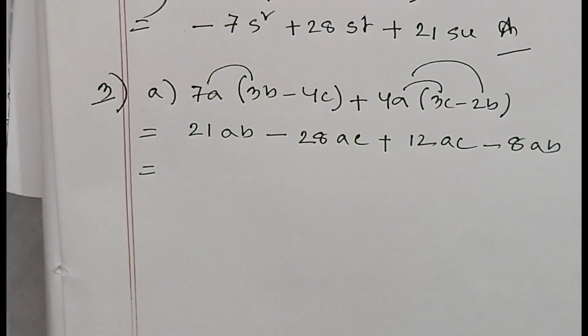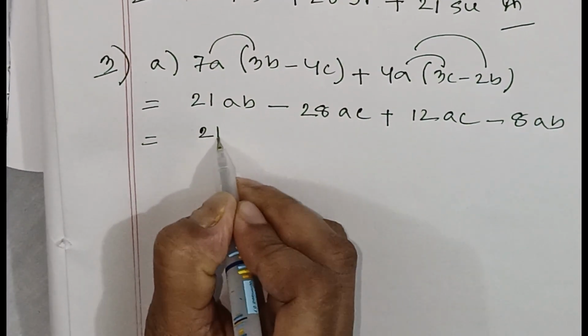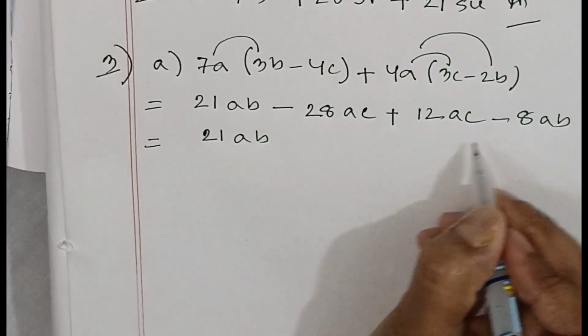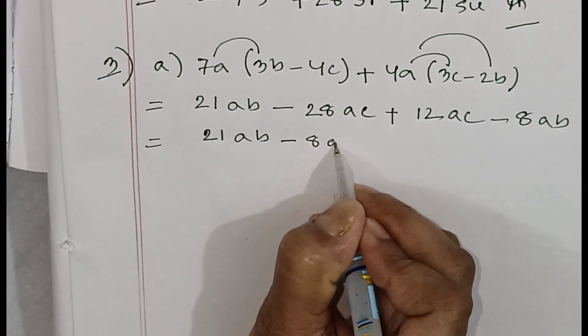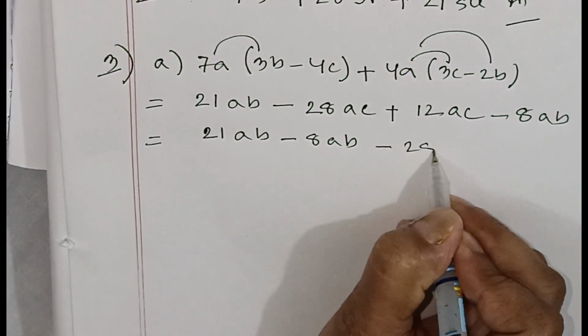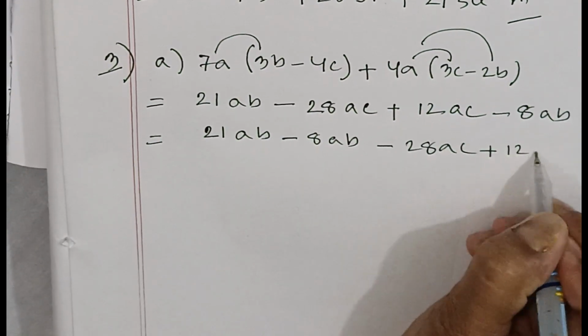So now arrange the like terms: 21ab and minus 8ab, minus 28ac plus 12ac.